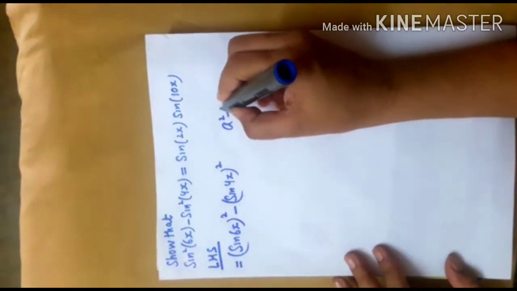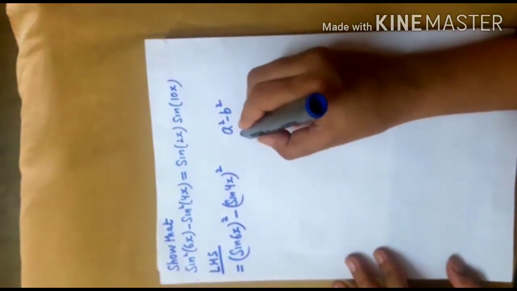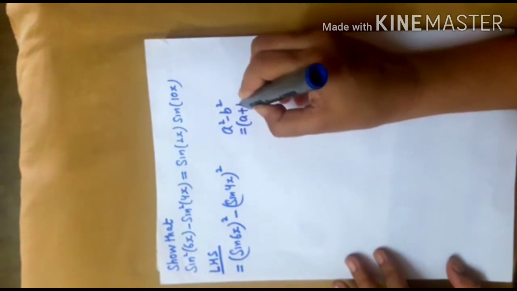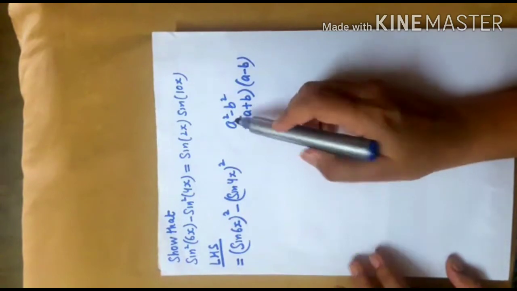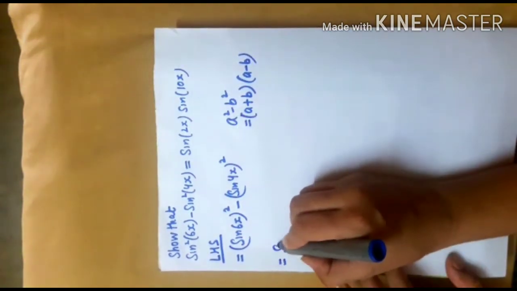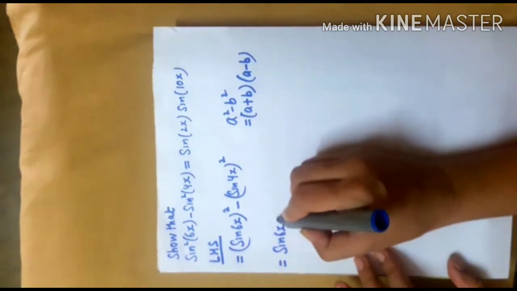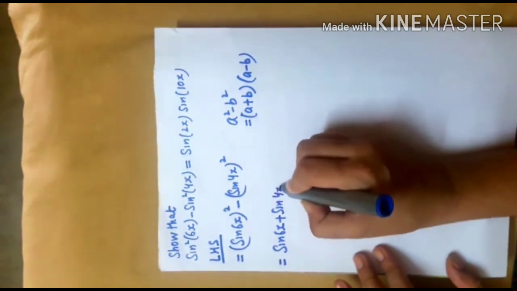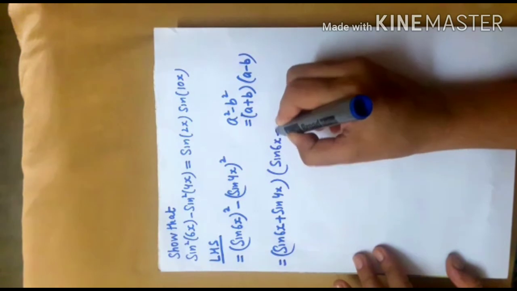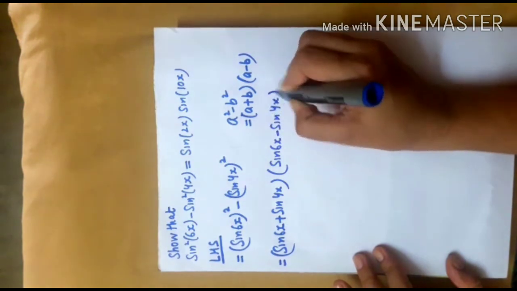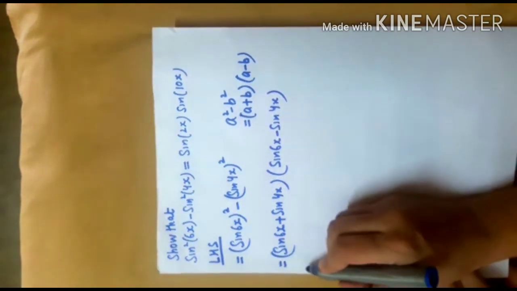Now it is of the form a square minus b square, and its factors will be a plus b, a minus b. So using this, I'll get here sin 6x plus sin 4x and sin 6x minus sin 4x, right?